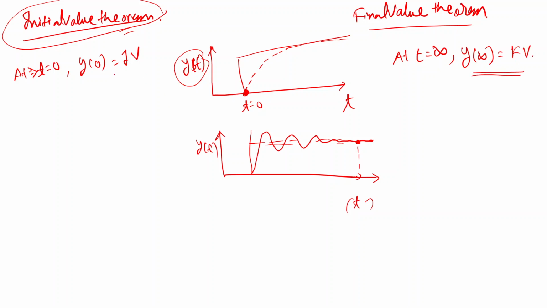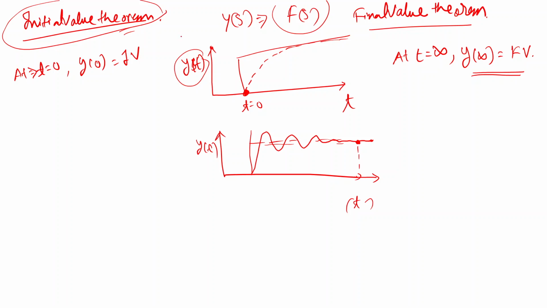Now to find these values, we will have the transfer function or the output response in the S domain, that is y of s. Let's say in general we have a function f of s and we have to find the initial value and final value based on this f of s. How do we find it?